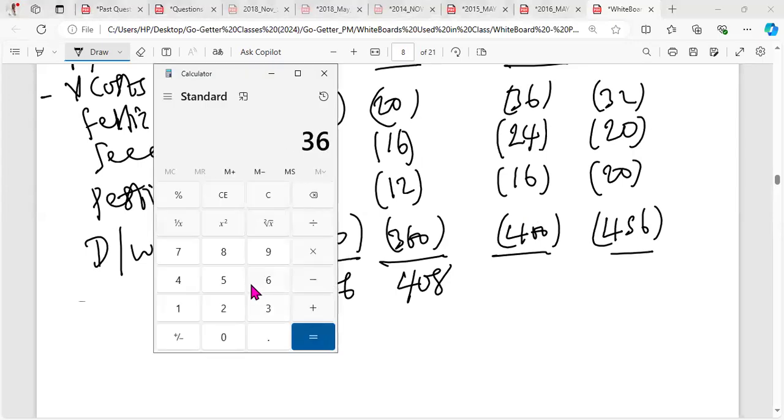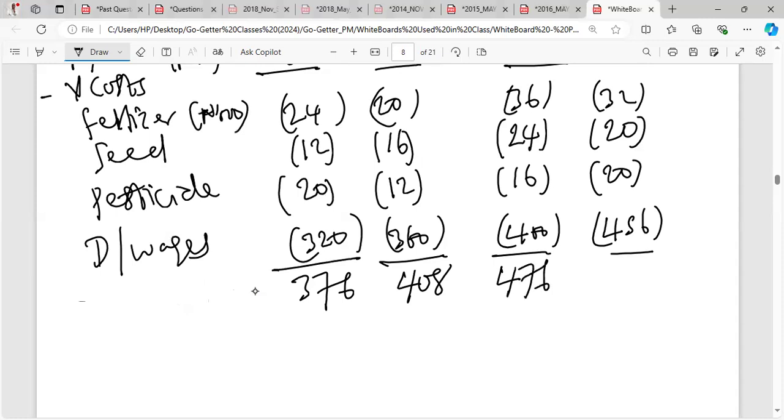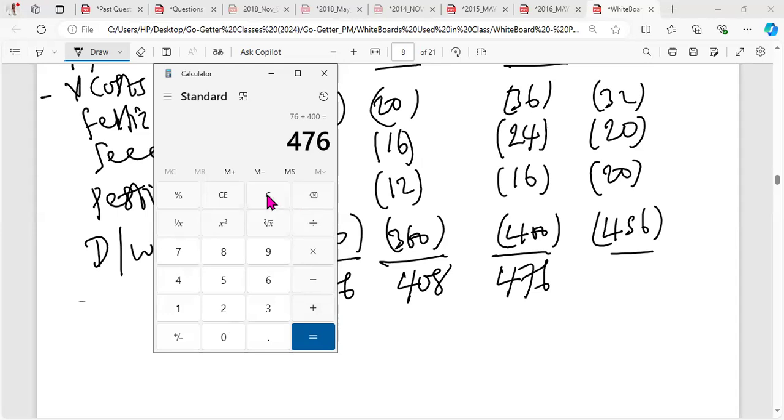I have 36 plus 24 plus 16 plus 400. That gives me 476. Then I have 32 plus 20 plus 20 again plus 456.